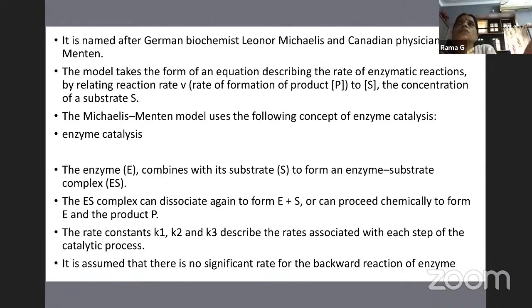The enzyme comes out as it is, without undergoing any change, and that was declared in the characteristic features of enzymes. One of the characteristic features is that enzymes are recycled, are reused.